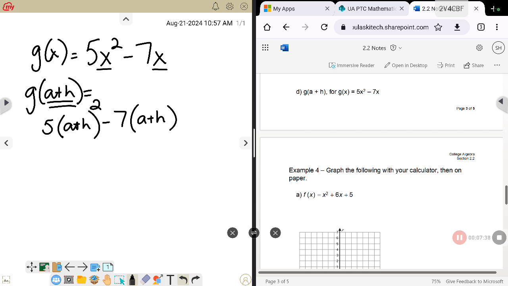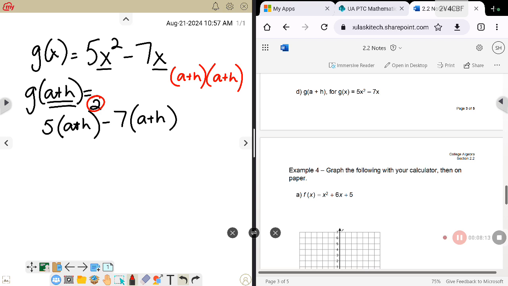The first thing I'm going to have to do, again, following the order of operations, is that squared. What I am squaring is what is in that parentheses. So I am squaring a plus h, which means I need to multiply. I'm going to do it over here to the side. a plus h times itself. So I'm going to have to distribute or FOIL this.